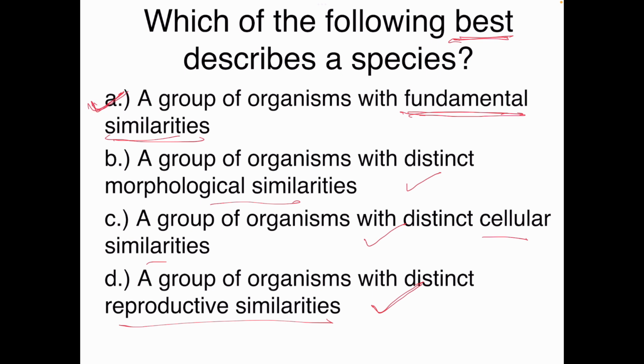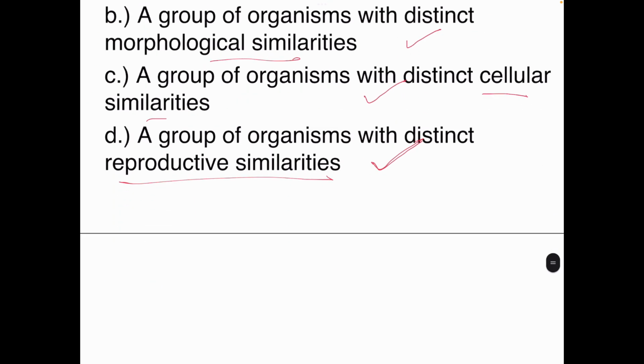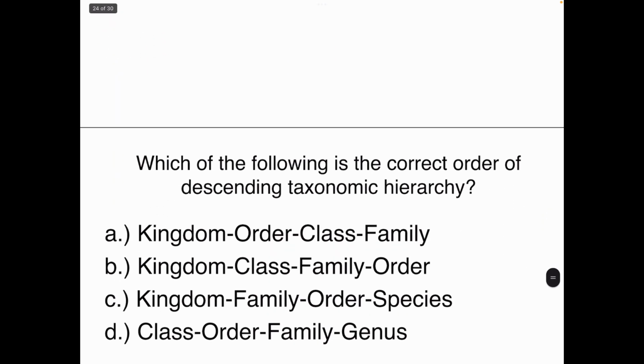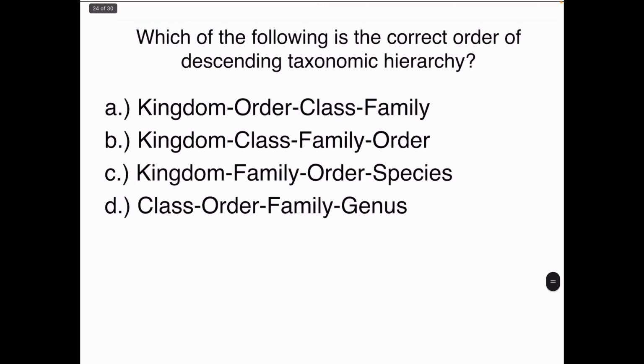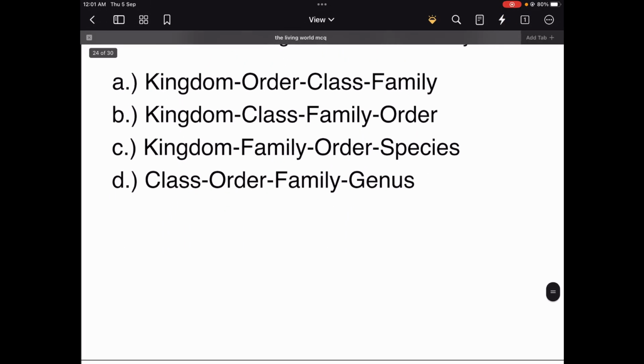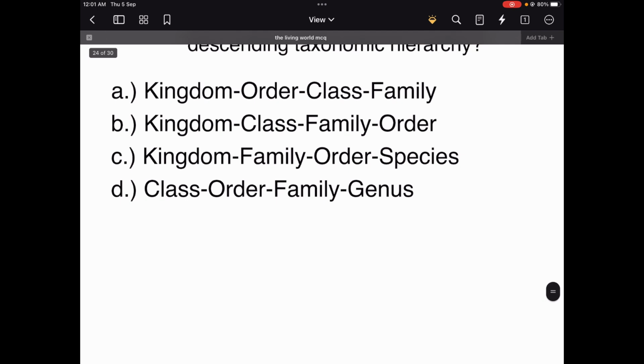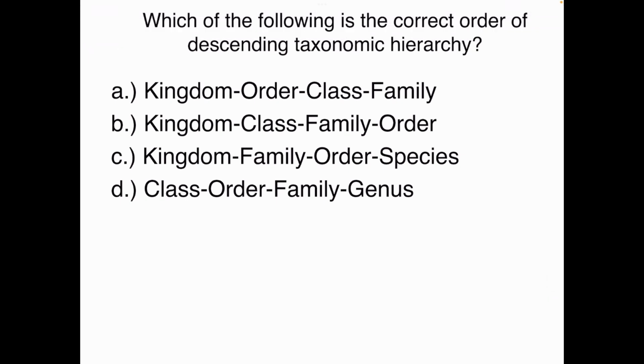All of these are from your NCERT. There is nothing beyond it. If you are getting caught up in any question, I need not repeat. Moving on to our next question. Which of the following is the correct order of descending taxonomic hierarchy? Option A, kingdom, order, class, family.